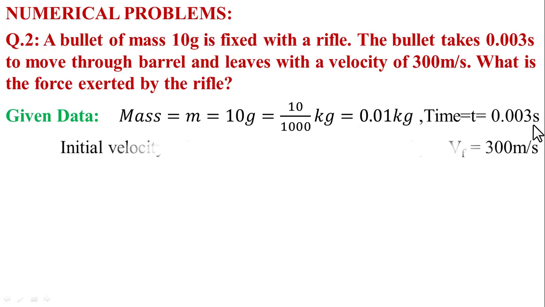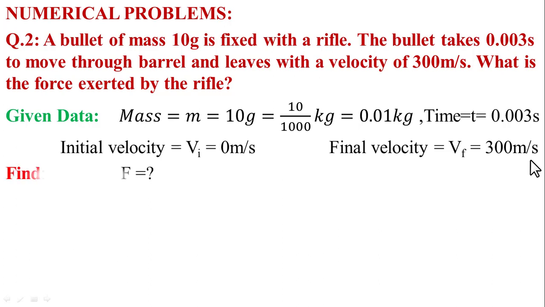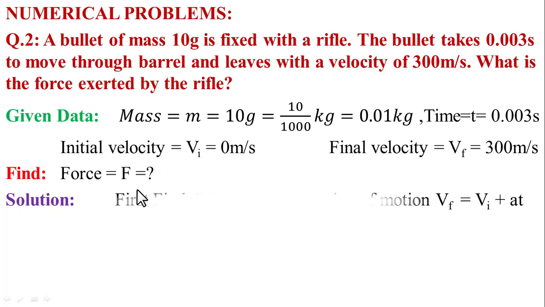Also given that the initial velocity Vi is equal to 0 meters per second, but the final velocity Vf is equal to 300 meters per second. Now we can find the force F, so we can find the solution.